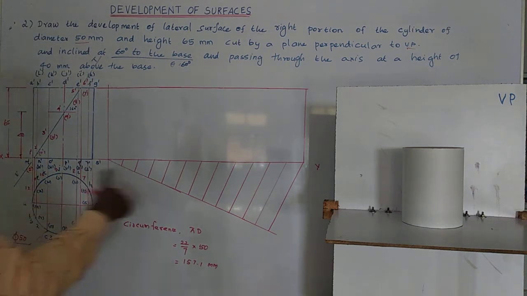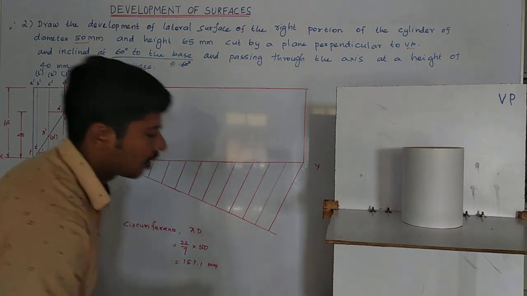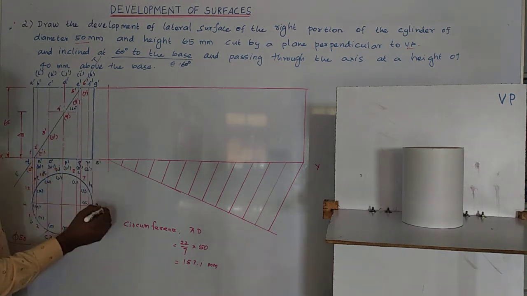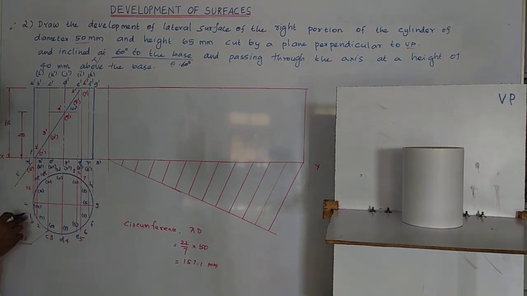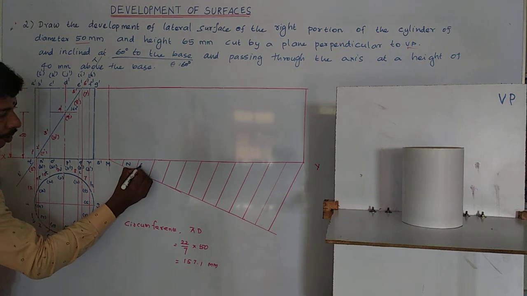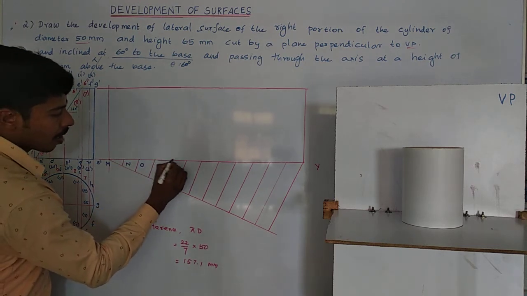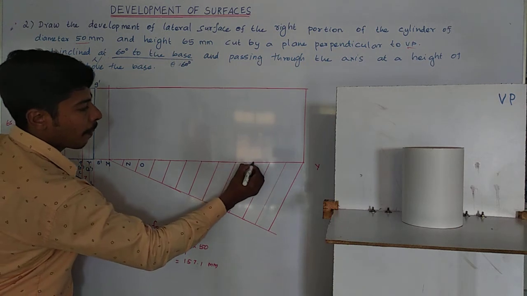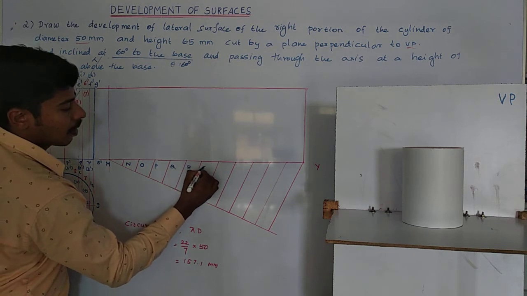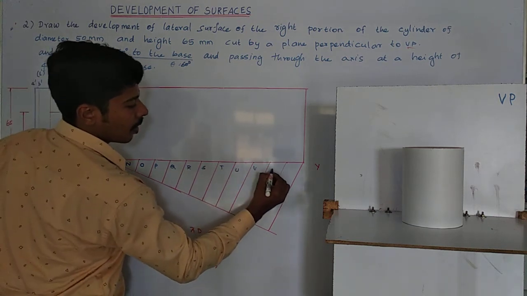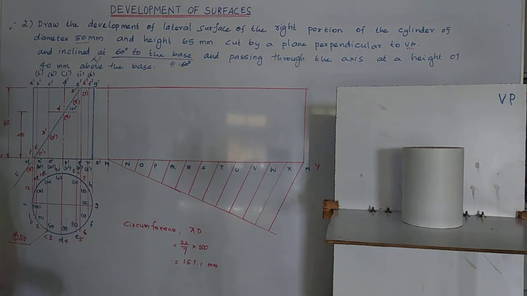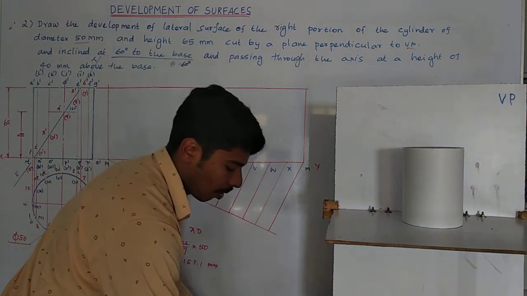Okay, I divided it into 12 equal segments. So now point out, what are the points here. So this point is M, N, O, P, Q, R, S, T, U, V, W, X. Once again, M will come. So I divide this also in 12 equal segments.